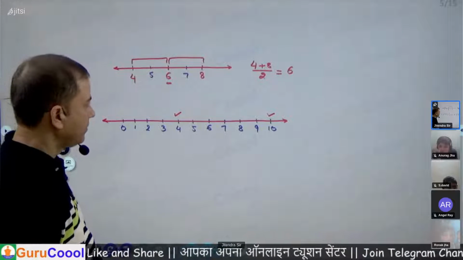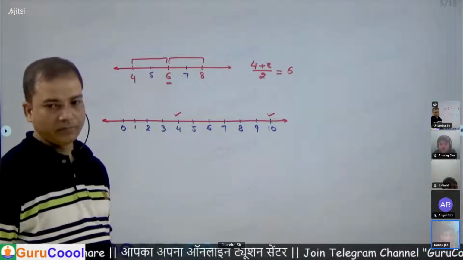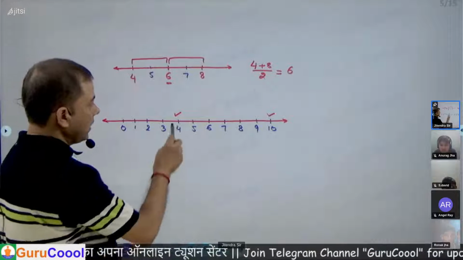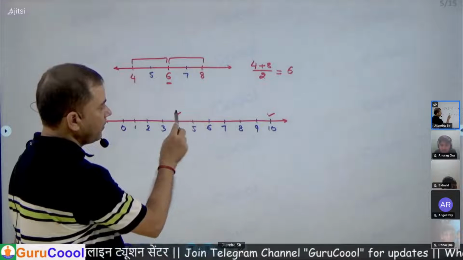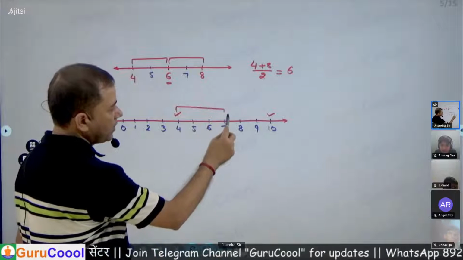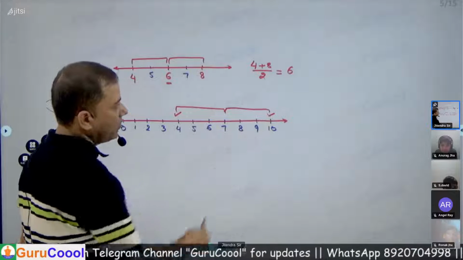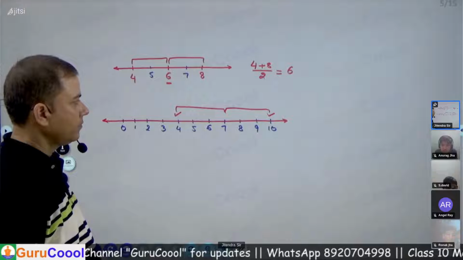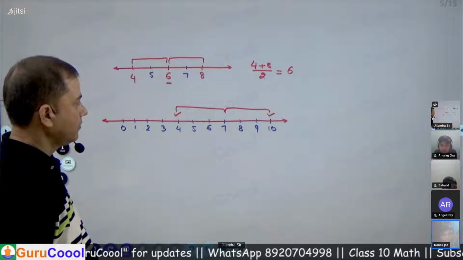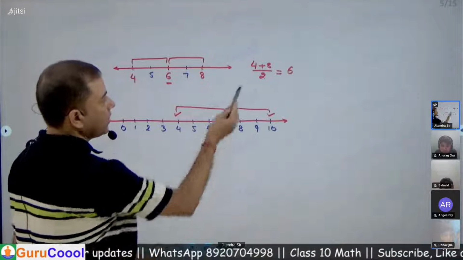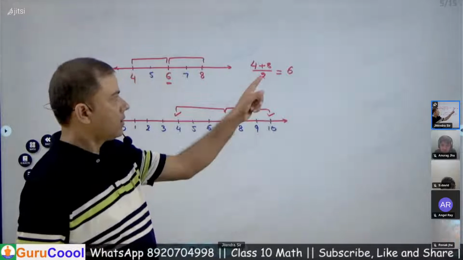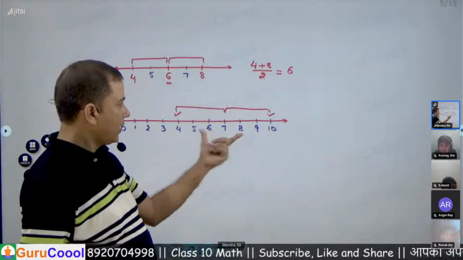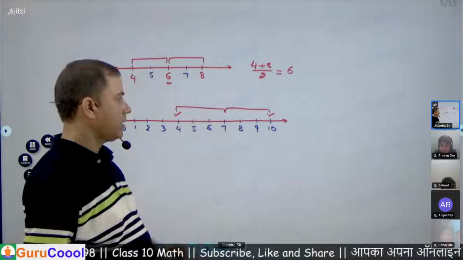Are you sure? Yes, sir. That means the distance between 4 and 7 and the distance between 7 and 10 are equal. Let us check if that method gives the same answer. By looking at the number, you get the answer 7.